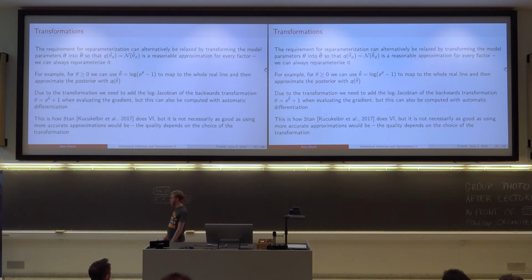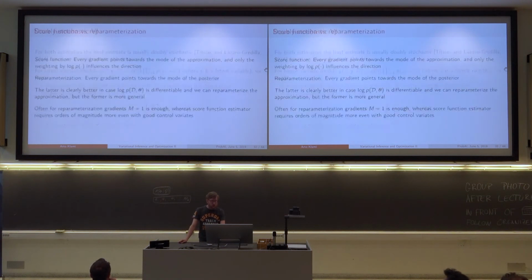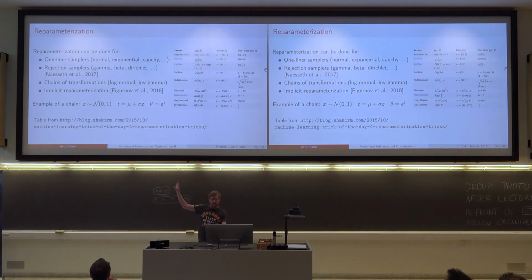Another, slightly different approach to doing this automatic inference builds on transforming your model parameters. Here, you need to make an assumption of a specific approximation, and then you have this transformation corresponding to that distribution.